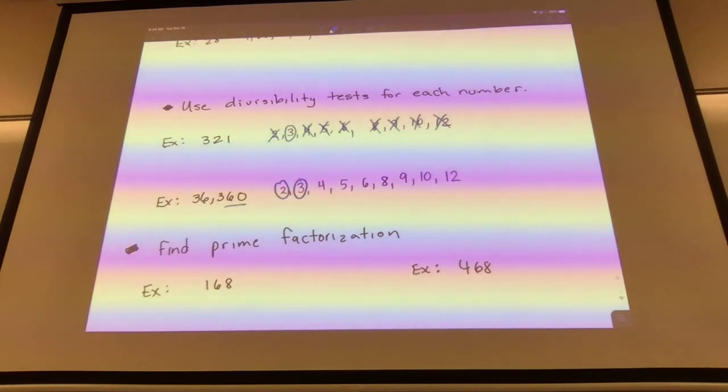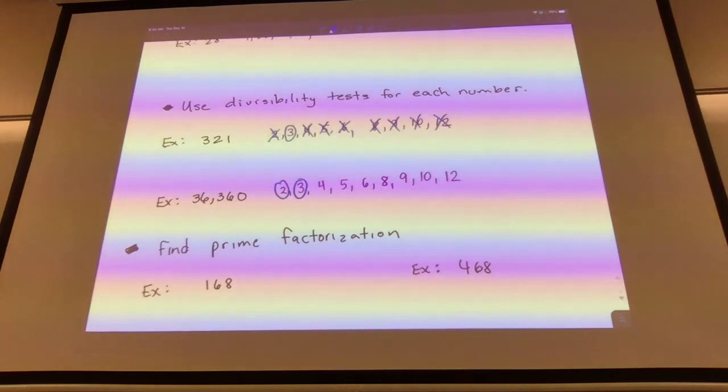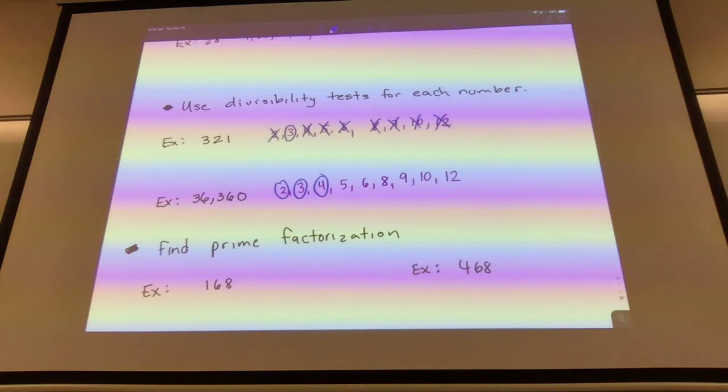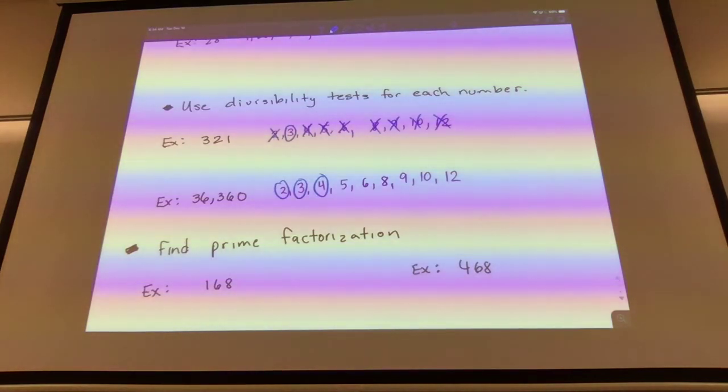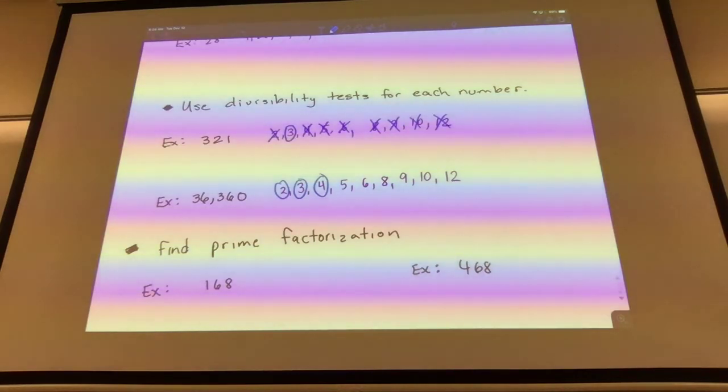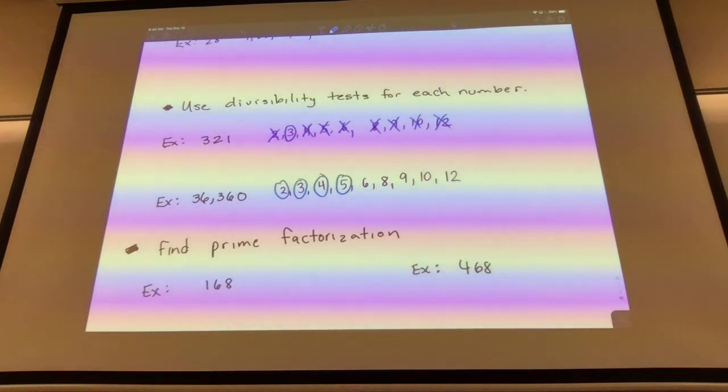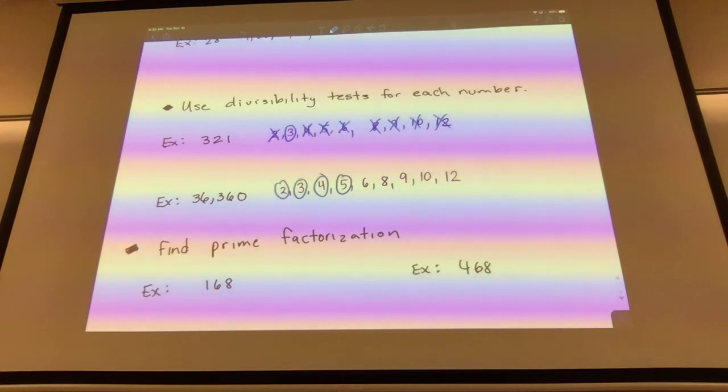And it does. 15 times 4, so 15 and 15 is 30, 30 and 30 is 60. So 60 divides by 4. For the 5 rule, does it end in a 5 or a 0? Yes. For the 6 rule, it has to be divisible by 2 and 3. Did we circle both of those? Yep.